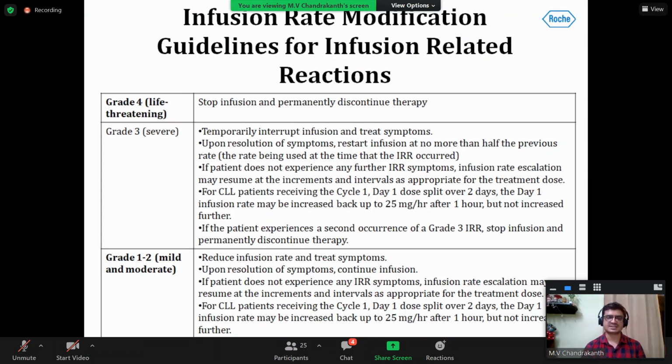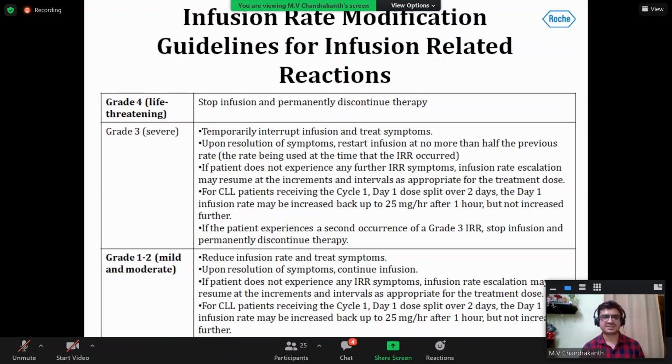Supposing the patient developed a reaction at 200 milligram per hour, then we must reduce it to 100 milligram per hour, and that is the starting rate. If the patient does not experience any further IRR, again we can escalate the rate of infusion by 25 milligram per hour and so on.